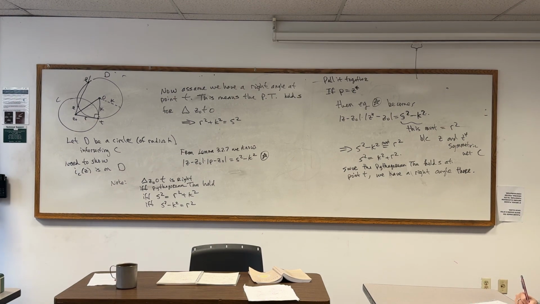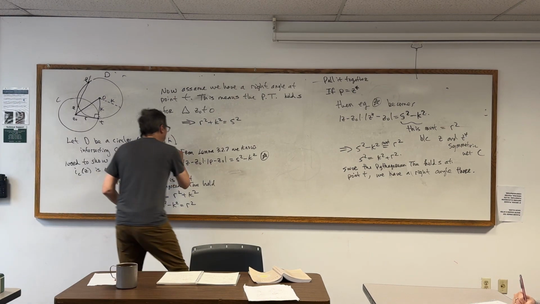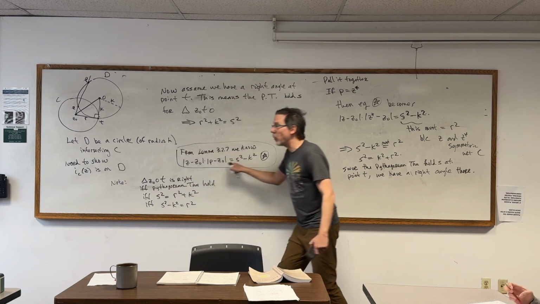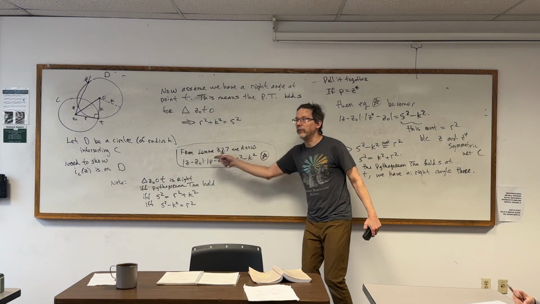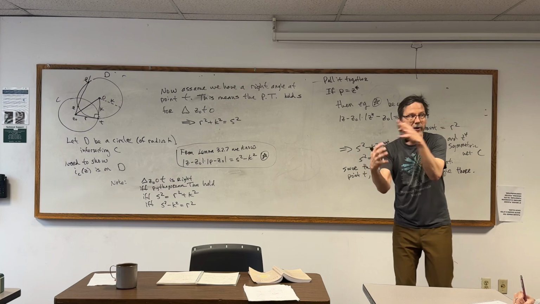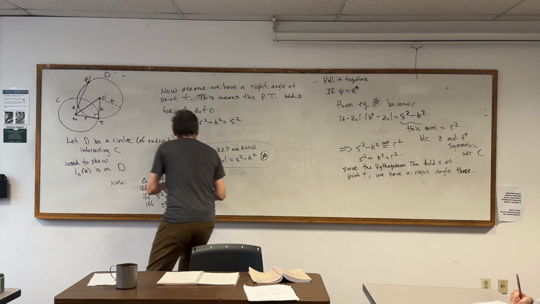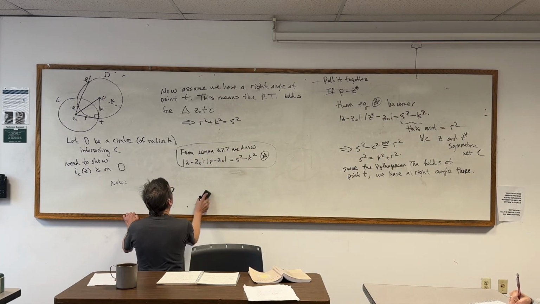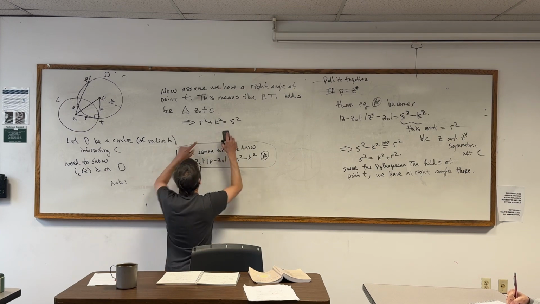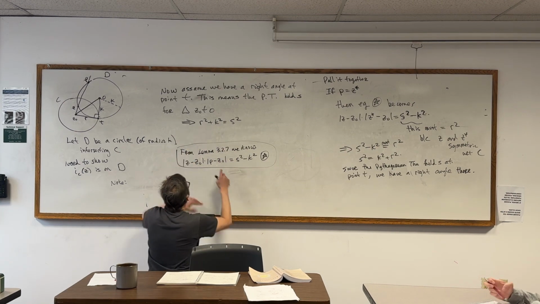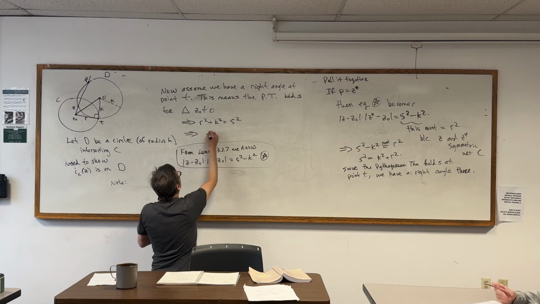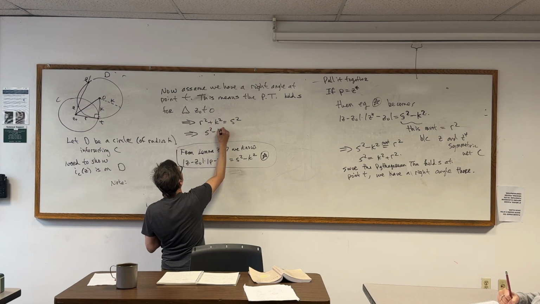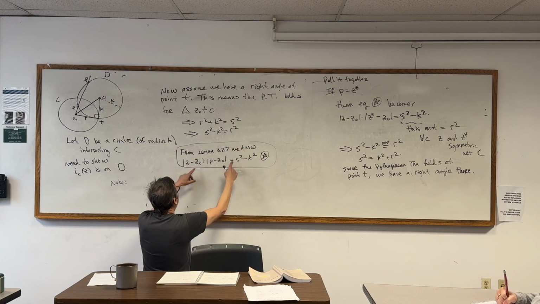Cool. So this thing here holds no matter what is happening. This is a universal truth no matter what the geometry of the situation is. So we're going to come back to that and compare it to this. Now we know this, so this implies that s squared minus k squared is r squared. Aha.